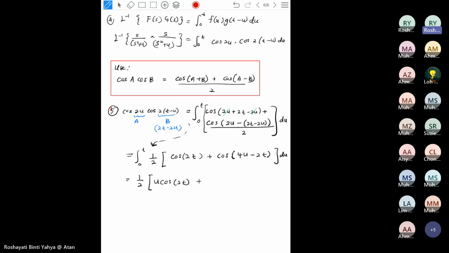Plus integration cos 4u minus 2t. Integration of cos will get sin 4u minus 2t divide by 4, from 0 to t. Any question so far? Ya, tak ada. I just continue.